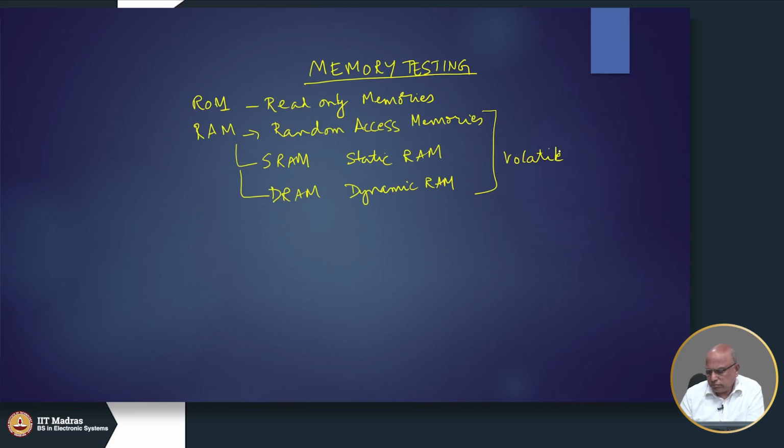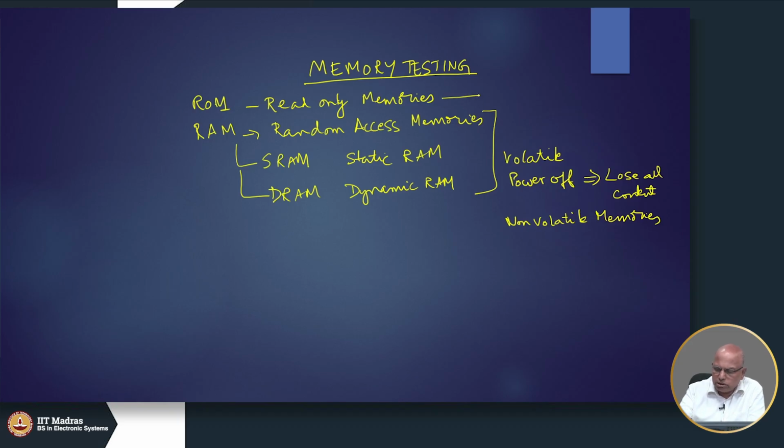Meaning, if you power off this memory, then you will lose all the contents. There are also non-volatile memories, where you can write to the memory, but the content will not be lost when the power is turned off.